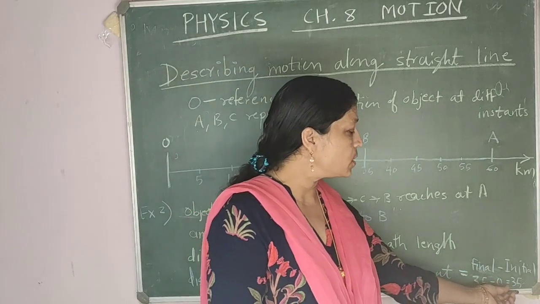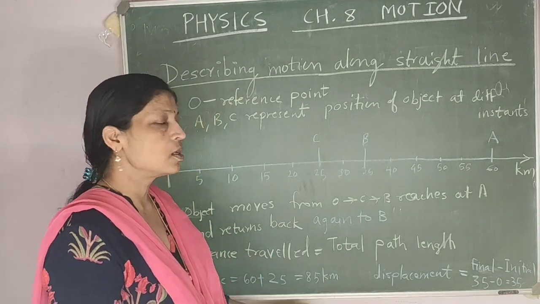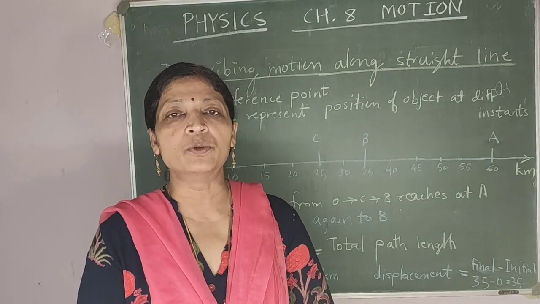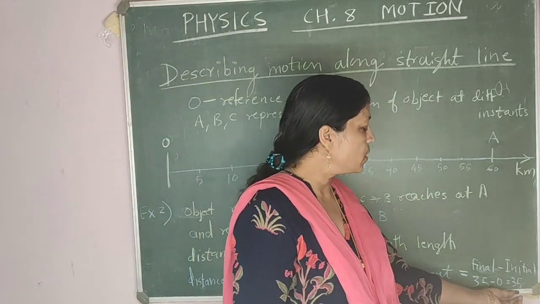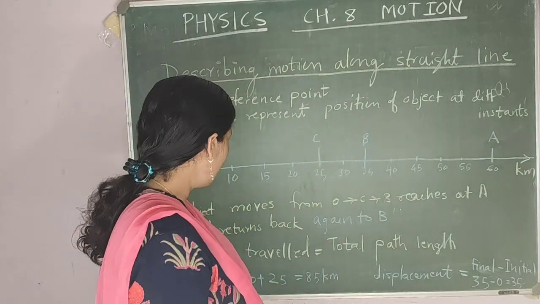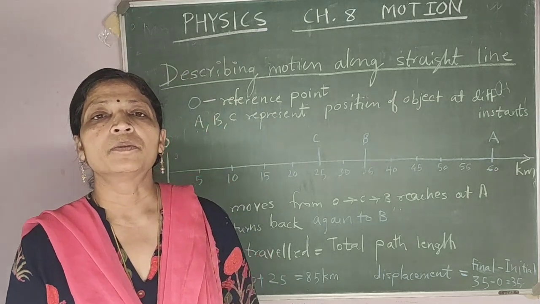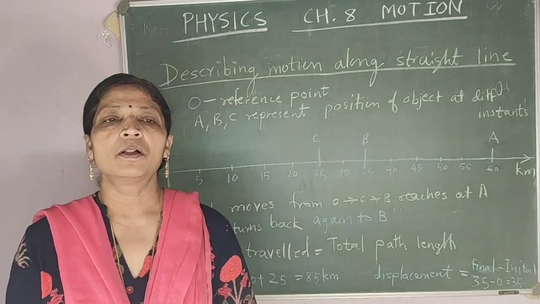The magnitude of displacement is not equal to the distance. Magnitude means a numerical value, and the magnitude of displacement is not equal to the distance traveled by an object.